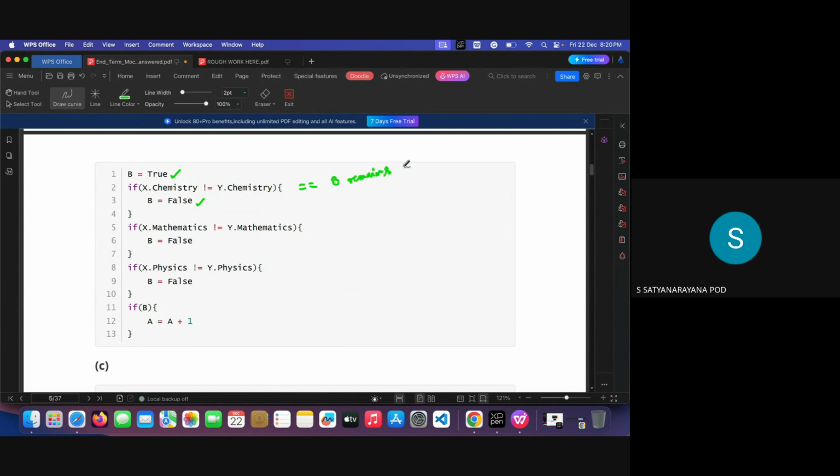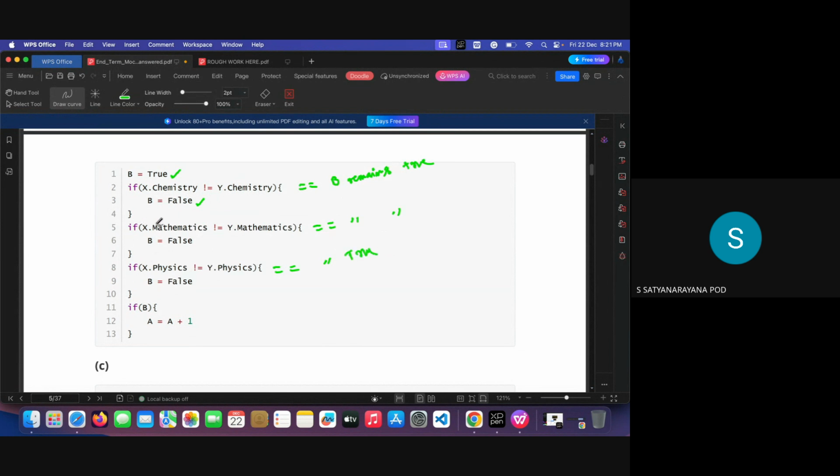Whenever equal chemistry marks is there, B remains true only. Whenever equal maths is there, B remains again the same, true. Whenever equal physics is there, the B value is not disturbed, the same B remains true.